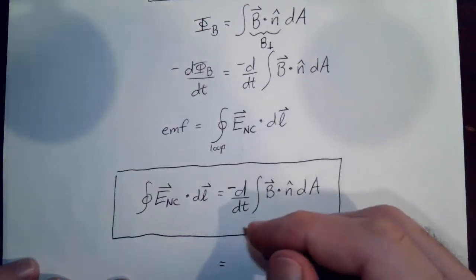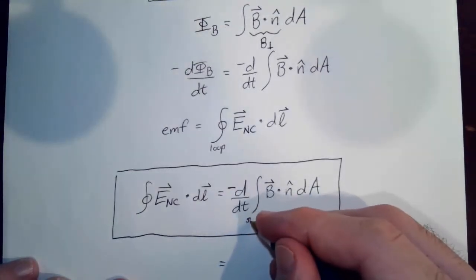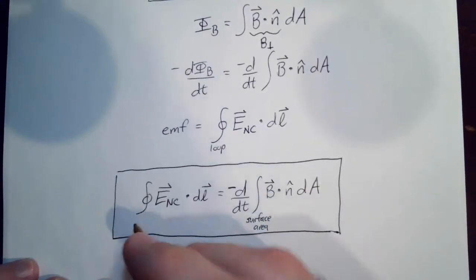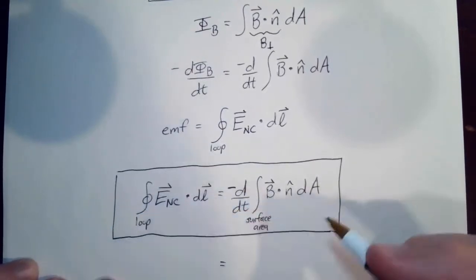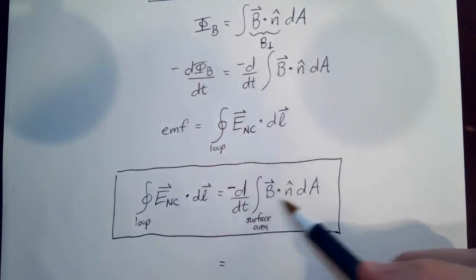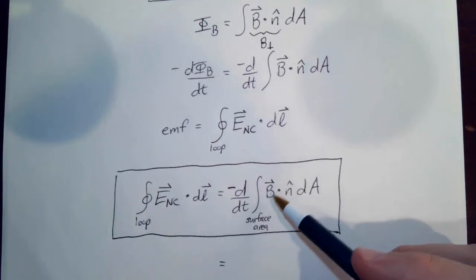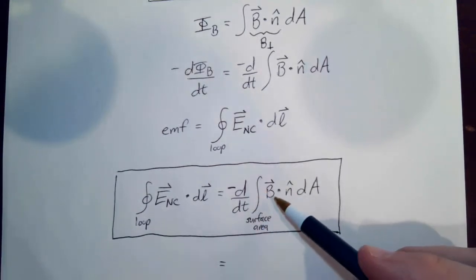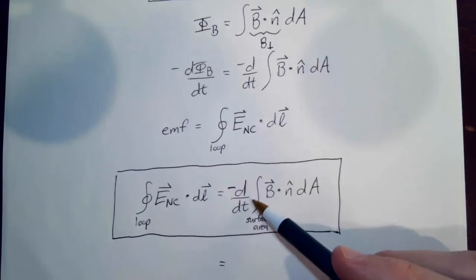Actually, let me back up a step and recall that this is an integral over a surface area, whereas this one's a path integral around the loop. Okay, so first let's say that B is not changing on the surface, it's only changing with respect to time. So that means I can pull it out.